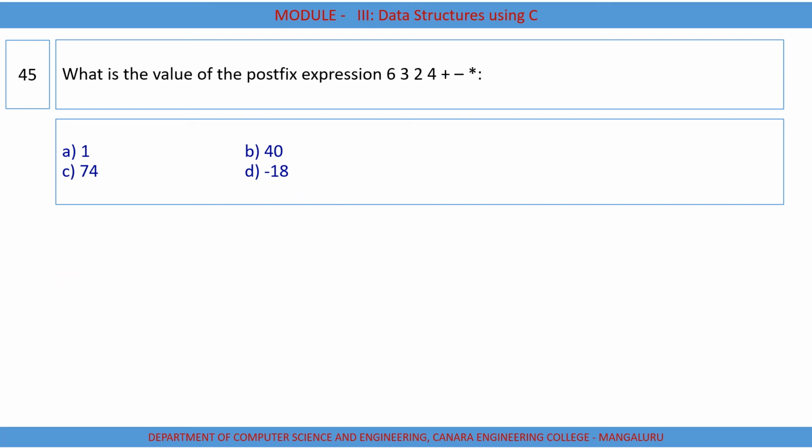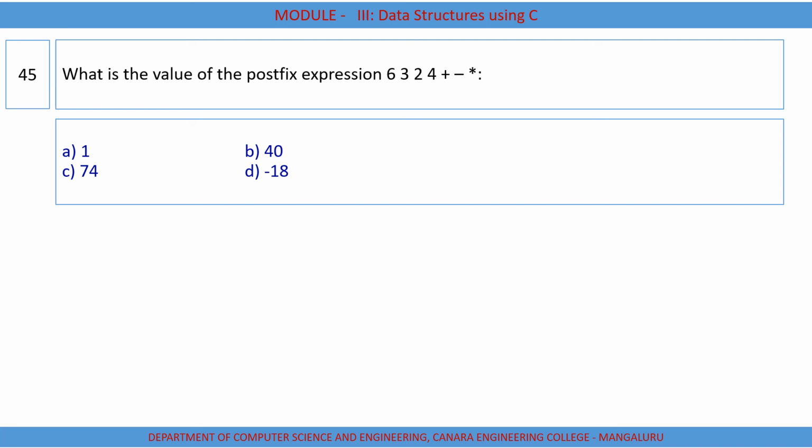What is the value of the postfix expression? The expression is 6, 3, 2, 4, plus, minus, star. Out of these four answers, what is the correct answer? So 6, 3, 2, 4 are all pushed onto the stack. When an operator comes, pop two elements, perform the operation, and push the result into the stack.